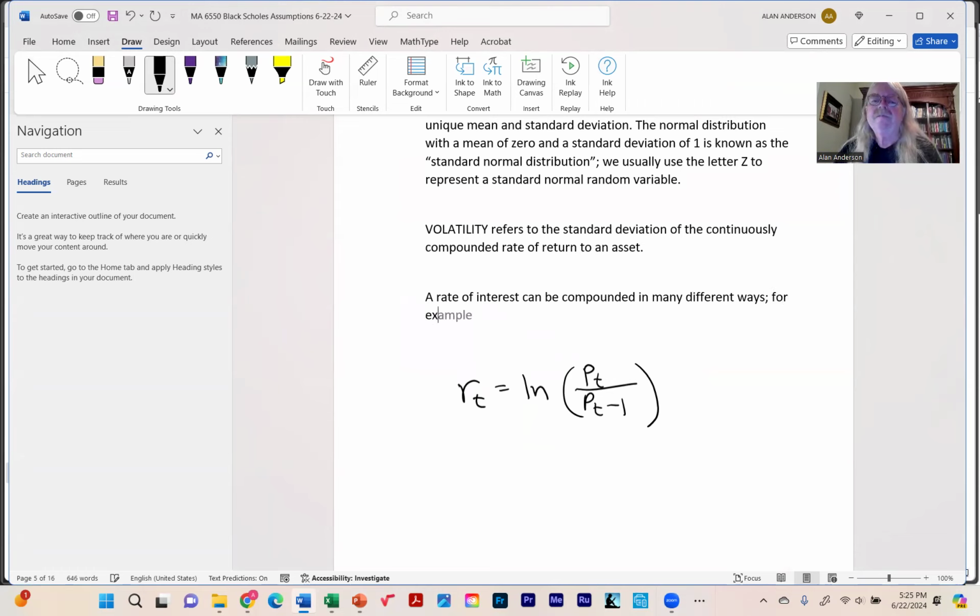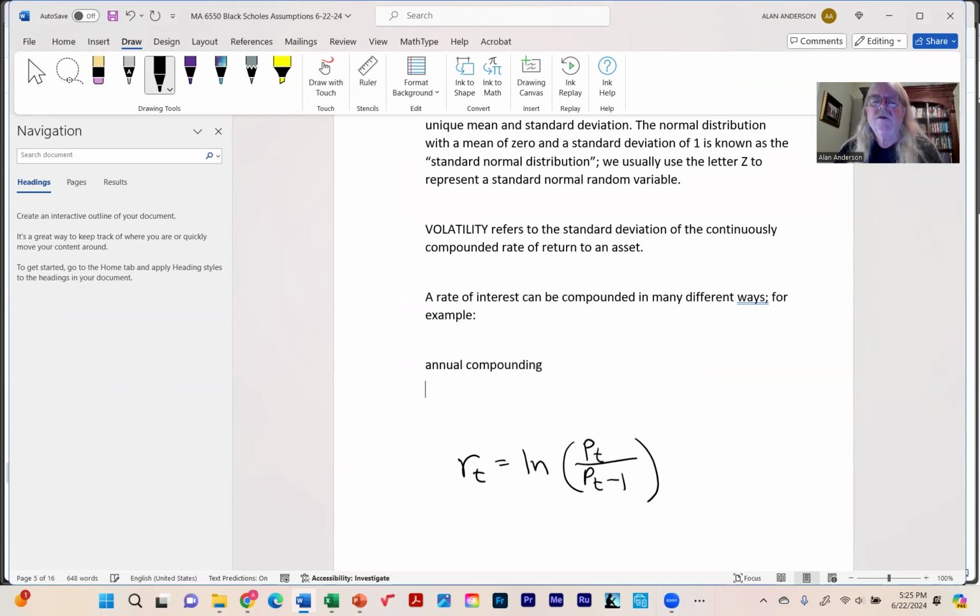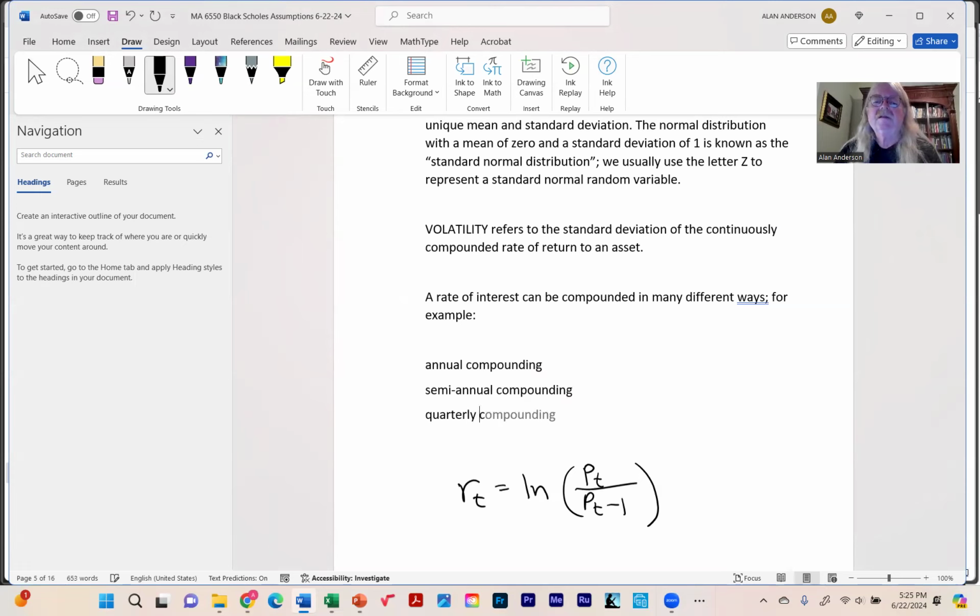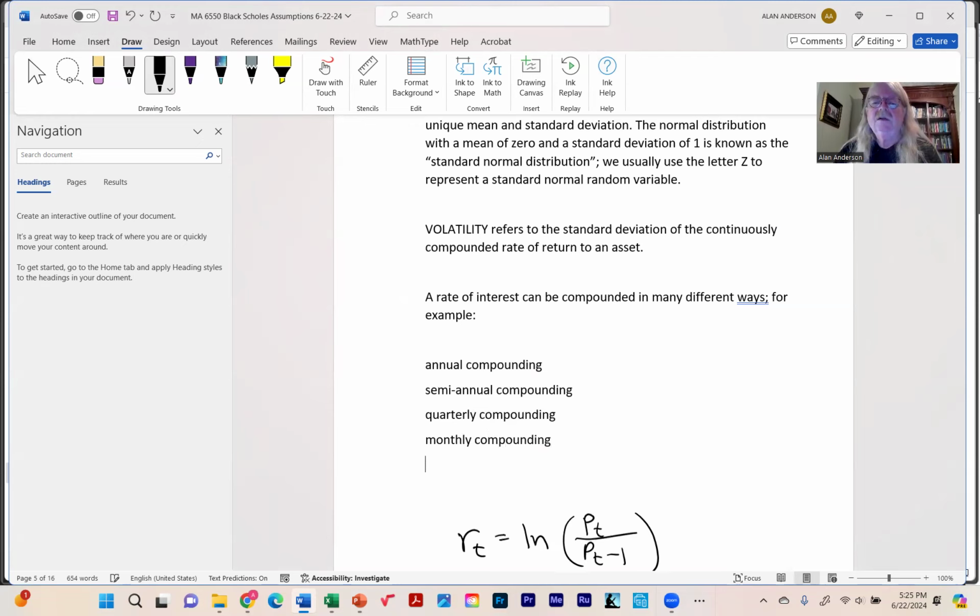For example, annual compounding, semi-annual compounding, quarterly compounding, monthly compounding, daily compounding. And what does this mean? It means that with annual compounding, whatever the annual rate of interest is, that is what you earn once a year. With semi-annual, the annual rate is basically cut in half and credited to your account twice a year.